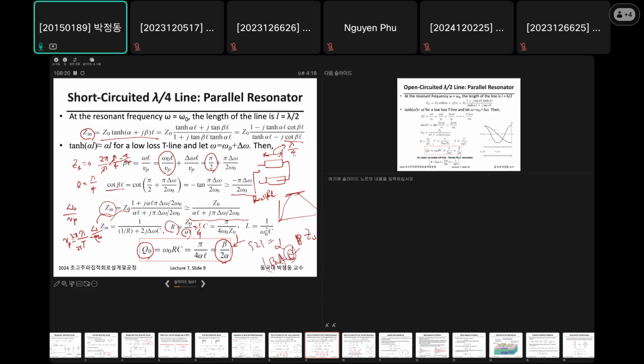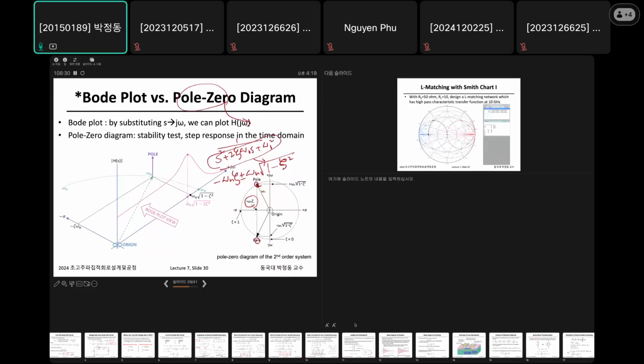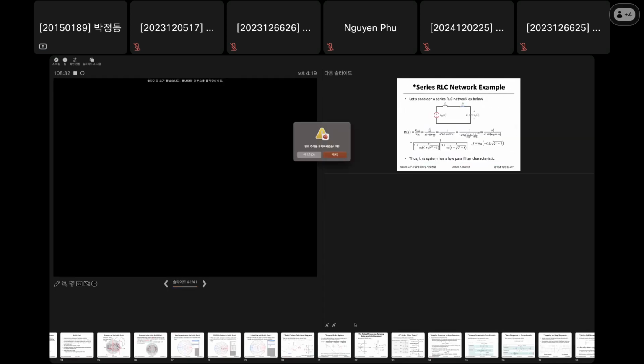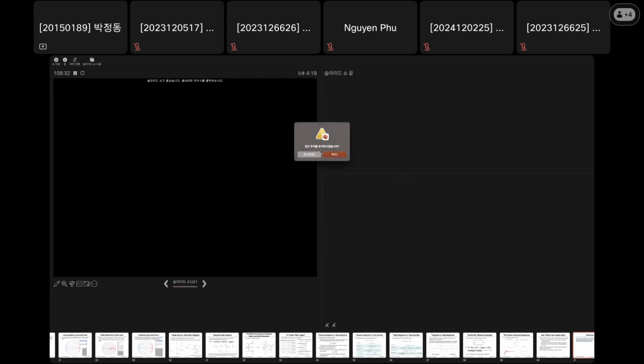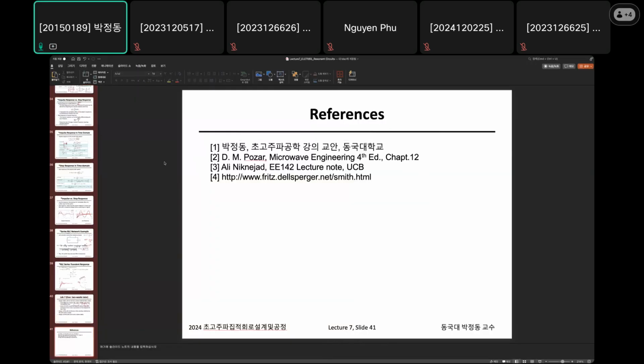Then beta is very straightforward, right? Then you can get gamma and G0. Okay. We will see what's going on after taking this class, after taking this homework.